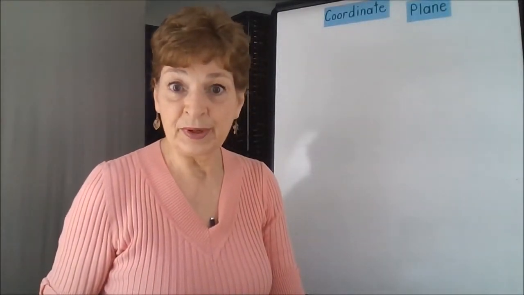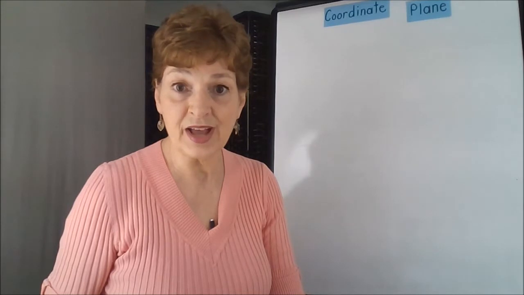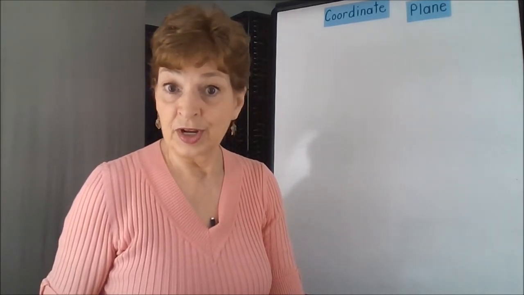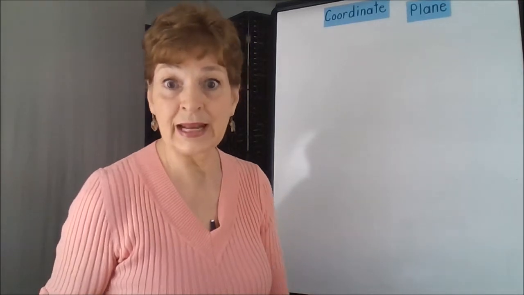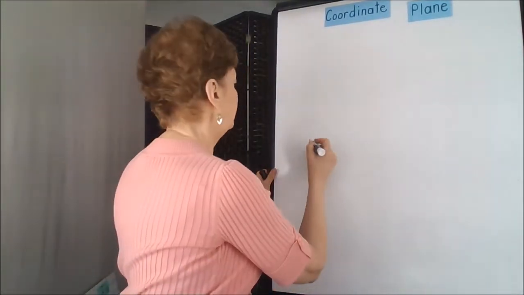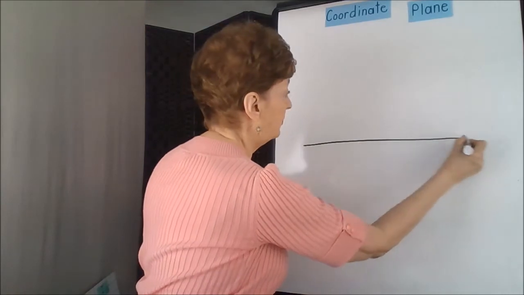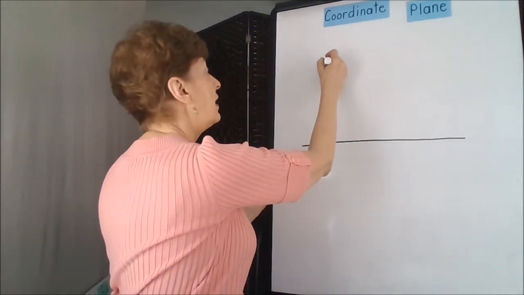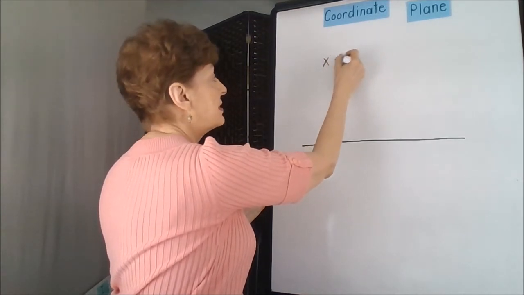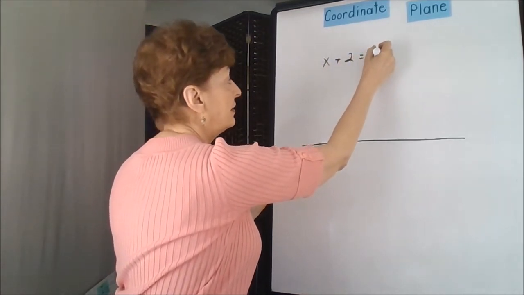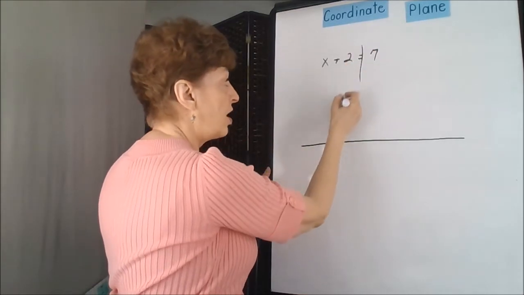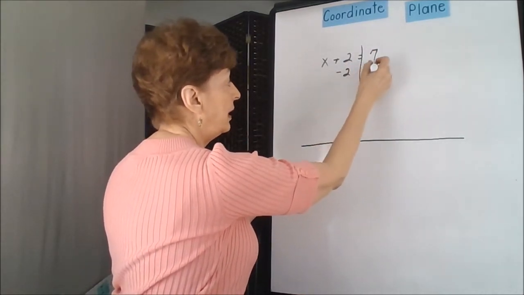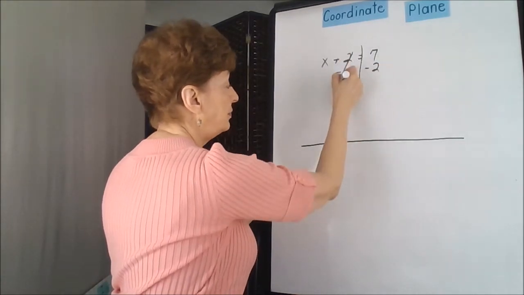We've had some experience now finding ordered pairs on the coordinate plane, but graphing of equations usually starts with a plain number line. So if our equation was as easy as x plus 2 equals 7, we would solve our equation by doing the inverse operation, being fair on both sides.